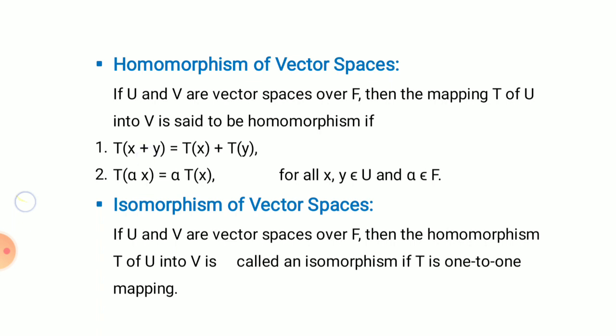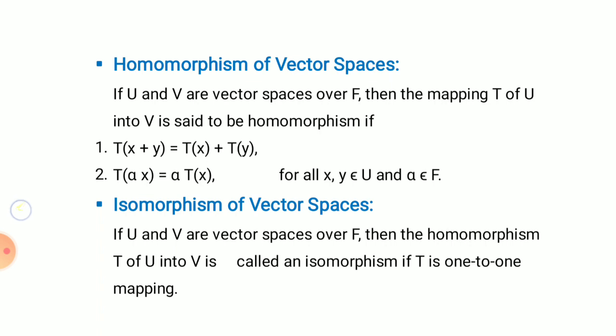But only one change is that x, y belongs to U must be x, y belongs to V. Instead of x, y belongs to U, we shall consider x, y belongs to V. That means the elements x, y must be elements of the first vector space. Okay, and alpha is the element of field F.